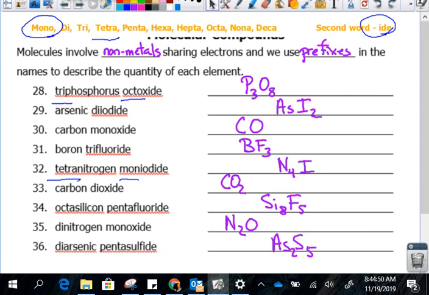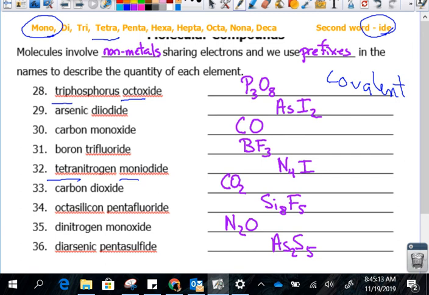Hey, what about the charges? Stop, stop, stop. Molecules don't have charges. Molecules are sharing electrons. These are covalent. They're sharing electrons.